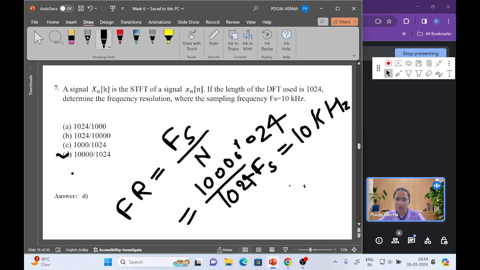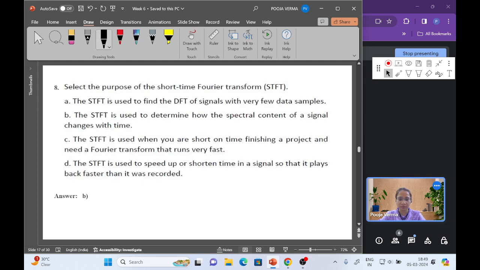Have you got this question? We can move to the next question. The next question is: select the purpose of the short time Fourier transform. What is the purpose of STFT?